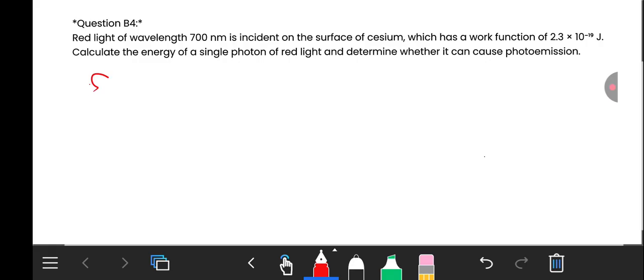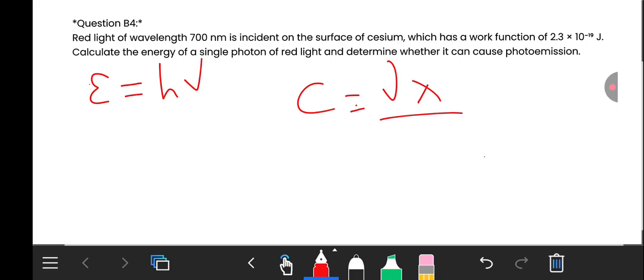So we know that energy is equal to Planck's constant multiplied by the frequency, but from the wave equation we say speed of light is equal to frequency multiplied by the wavelength. Since in this question what we have is the wavelength, we can make frequency the subject of the formula.